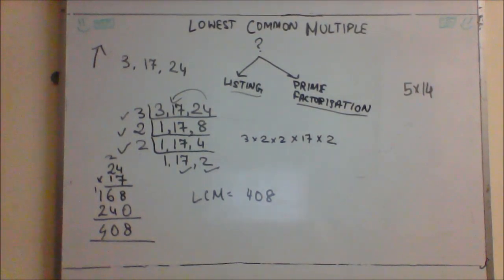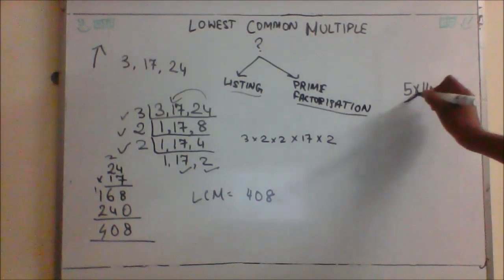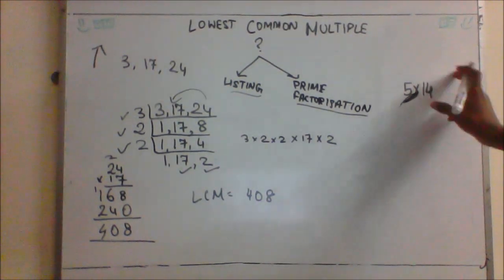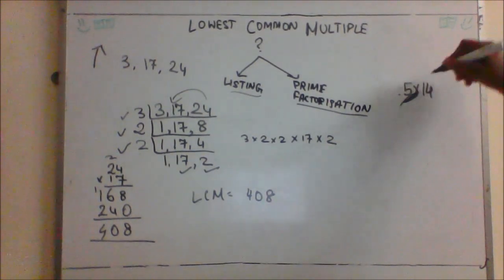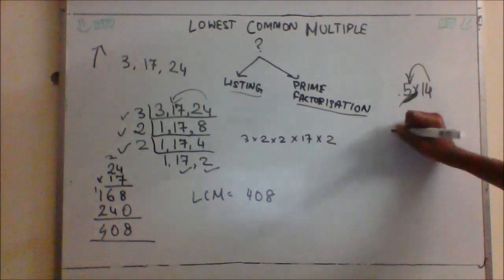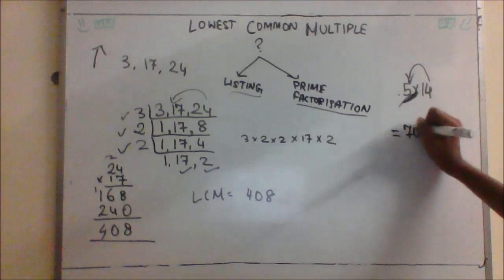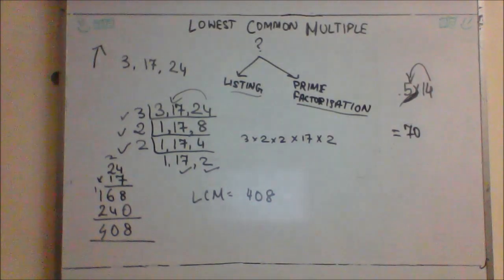If we do prime factorization, we are just going to get 5 into 2 into 7, which is nothing but 5 into 14, right? Why do we have to do prime factorization? So if you see a prime number, I am talking about two numbers now. If you see a prime number, just multiply them. That's going to give you your LCM 70 in this case.